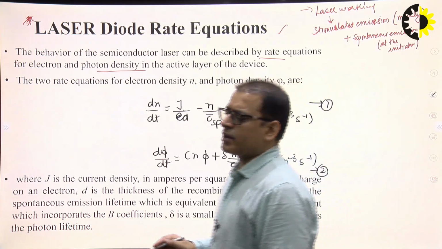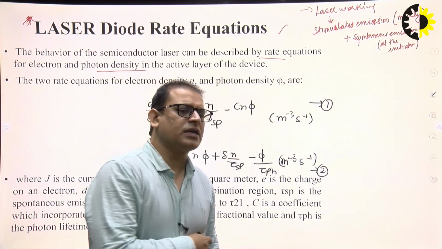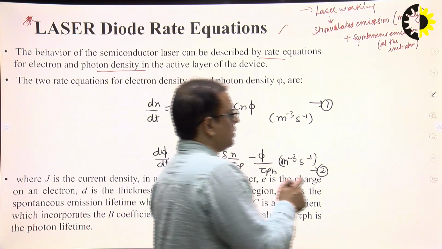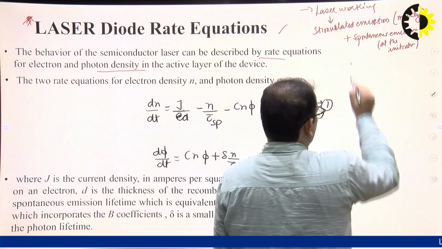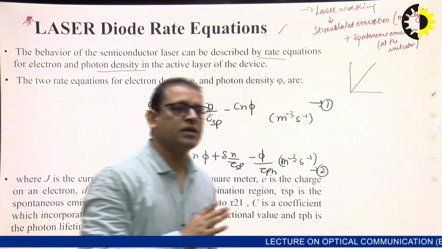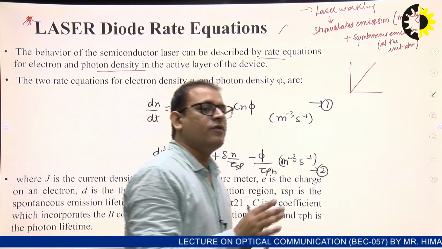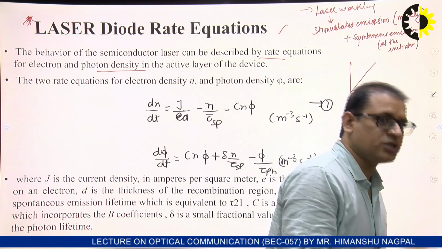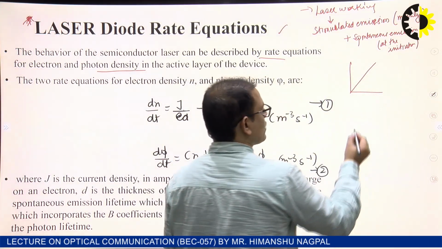Now in the LED, the graph is linear, meaning the number of electrons which change and, at the same rate, photons get generated. Okay?